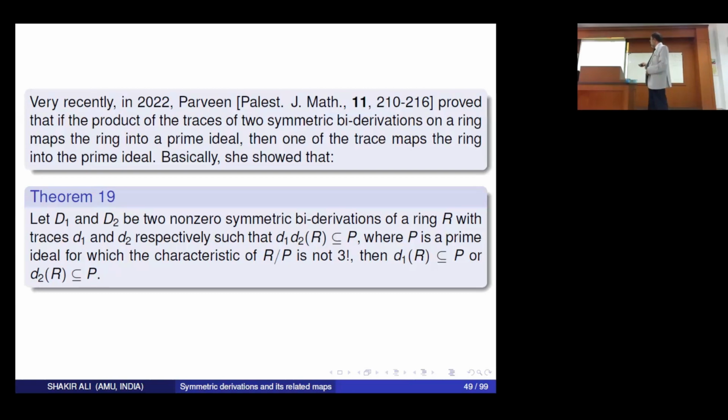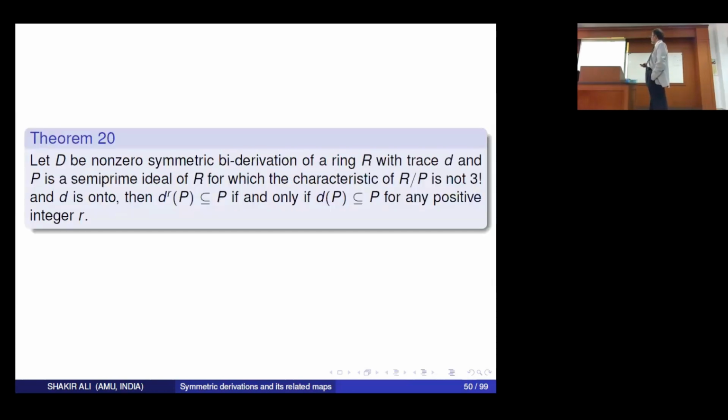Then if this happens, the range of D1 R and D2 R are in P. So that means the range of both of these maps is in the prime ring.